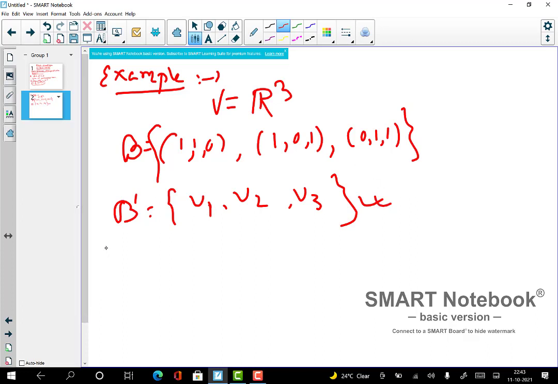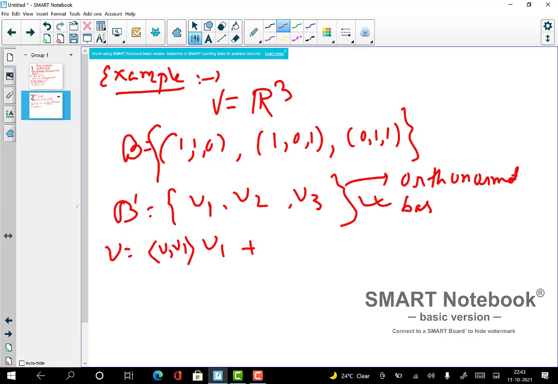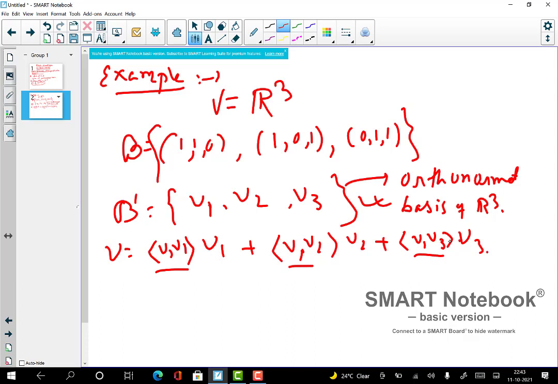You can write v as the inner product of v with v1 times v1, since this one is an orthonormal basis of R3, plus the inner product of v with v2 times v2, plus the inner product of v with v3 times v3. These are scalars, which are coefficients, and you can easily find them.